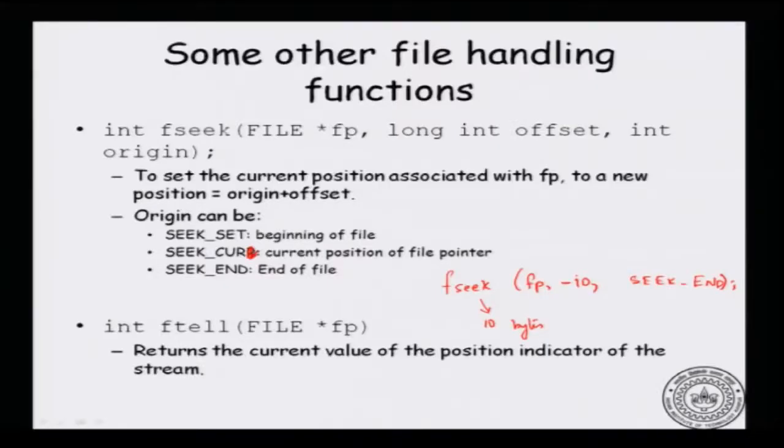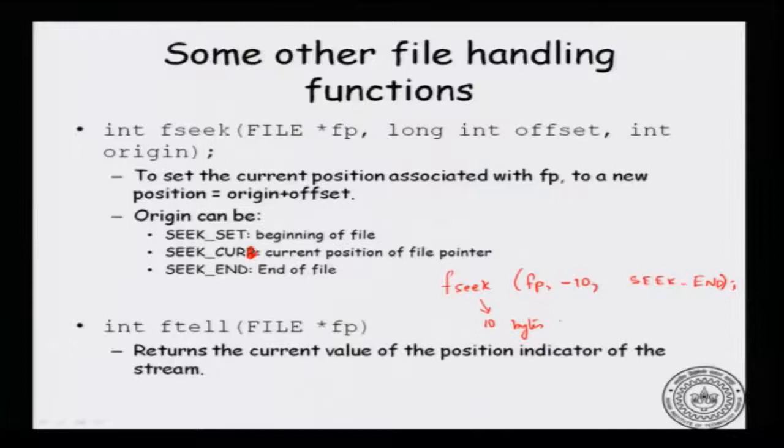So, in that case, I can say the origin is SEEK_END, that is the end of the file, and where do I start from? SEEK_END plus something does not make any sense, because it will refer to something that does not exist in the file. So, you could say SEEK_END minus 10. So, this is 10 bytes before the end of the file.